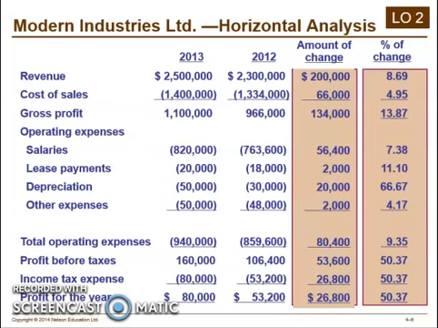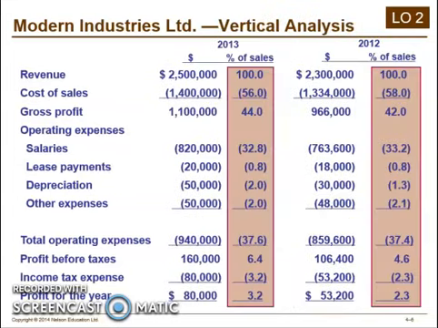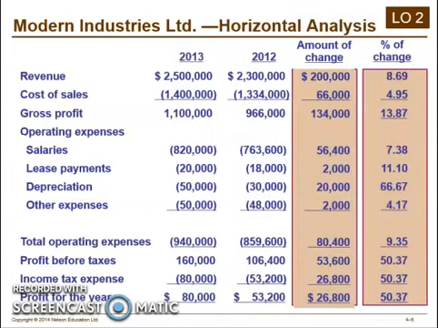8.69%. Because we are analyzing it horizontally, do not expect the numbers to add up vertically, like they did in the vertical analysis. In the vertical analysis, the math worked just like it does if you're doing a statement of income. But in our horizontal analysis, it does not, because we're comparing, for example, our salaries for 2013 compared to 2012.